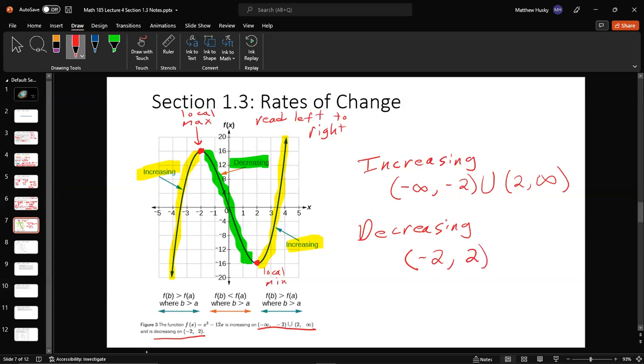And here you are giving x values for where it goes, either up or down.